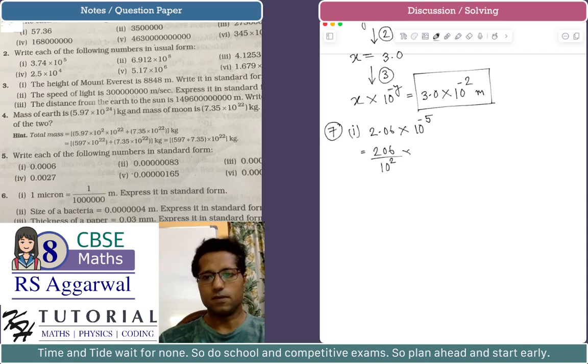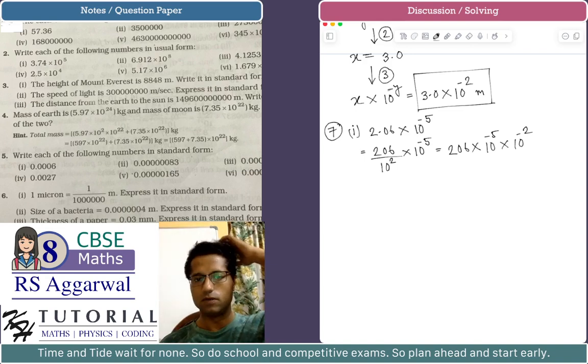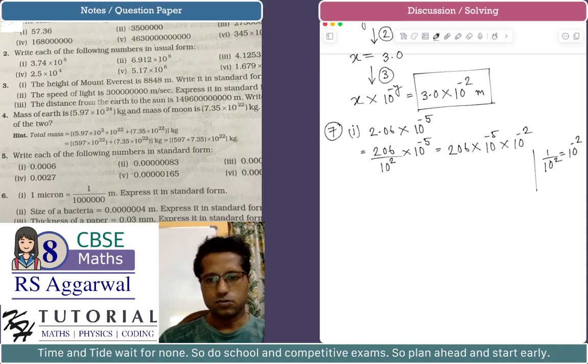We have multiplied by 10 to the power minus 5. This is equal to 206 multiplied by 10 to the power minus 5 multiplied by 10 to the power minus 2, because 1 by 10 square is equal to 10 to the power minus 2 from the laws of exponents. So this is equal to 206 multiplied by 10 to the power minus 7.